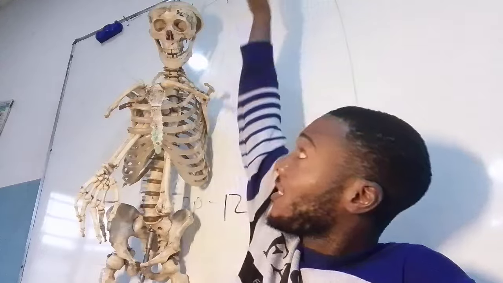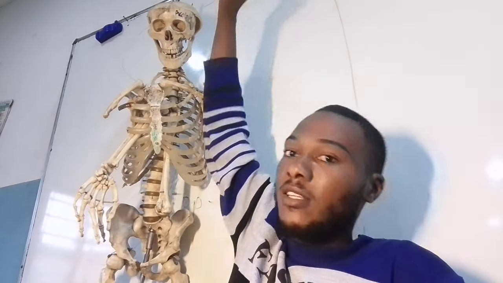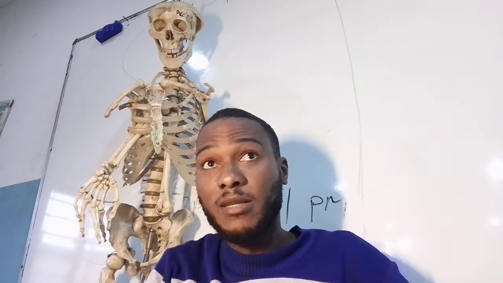This is the cranial bone, and the bone here is the facial bone. The cap up here, if I remove it, we call it the calvaria, or you can call it the scalp.